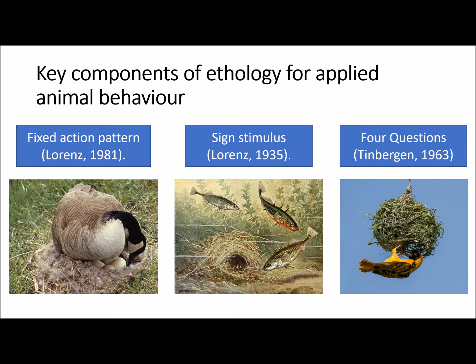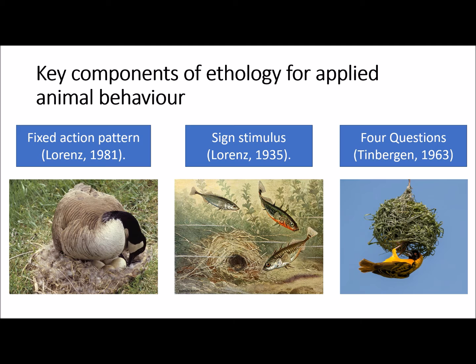And Tinbergen's 4 questions of causation or control, of development or ontogeny, of function or adaptation, of evolution or phylogeny allow us to interpret all the mechanisms and the environmental drivers of behaviour. For example, why is this weaver bird building a nest? What controls that behaviour? How does it develop across the course of the individual's lifetime?